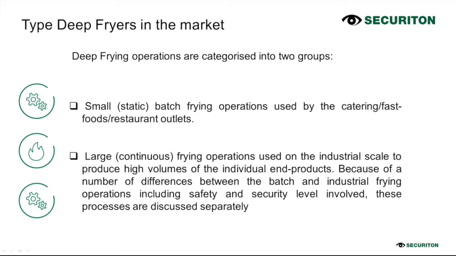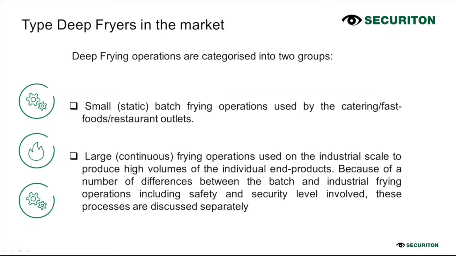They have very small scale deep frying methods. Whereas we also have the second type of method, which is large and works in a continuous frying operation, mostly used at industrial scale, which produces very high volume in terms of production output, and end-to-end product.